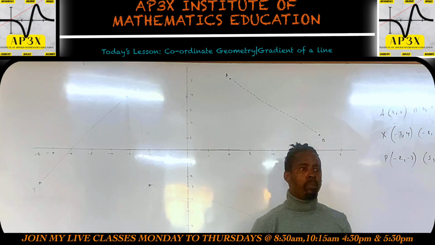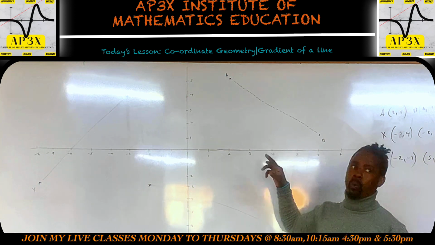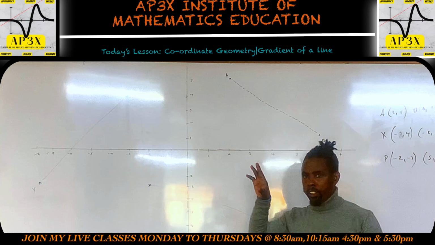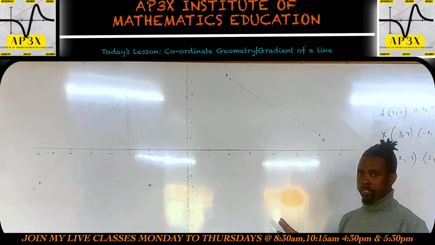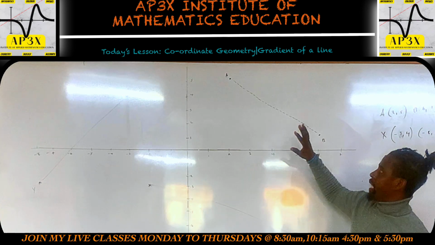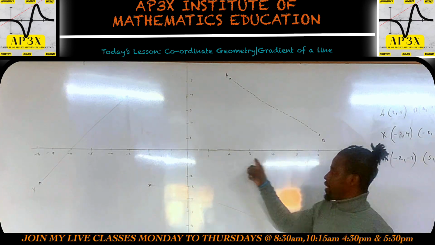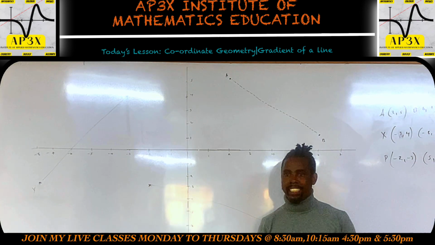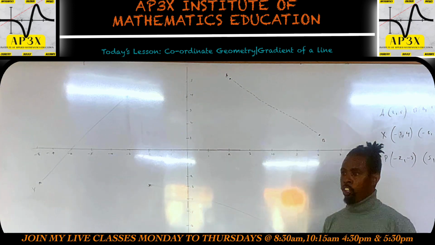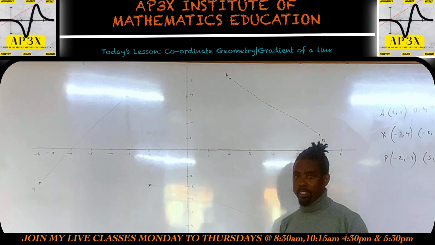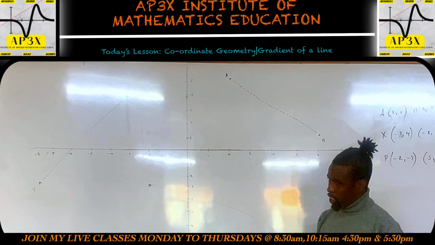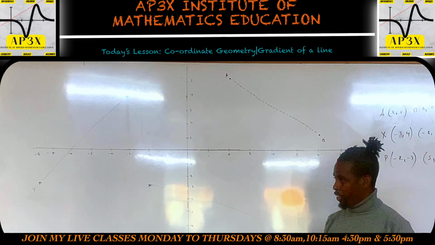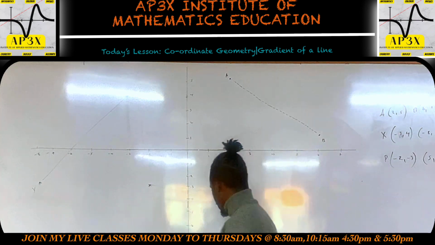And we stated that a point is a precise location on the Cartesian coordinate system or the Cartesian plane. We learned that this horizontal line is known as your x-axis or your domain axis, and this one here is known as your y-axis, your co-domain axis, or your range axis.